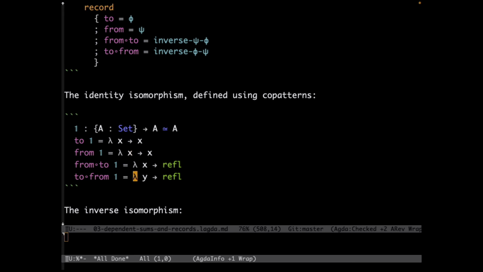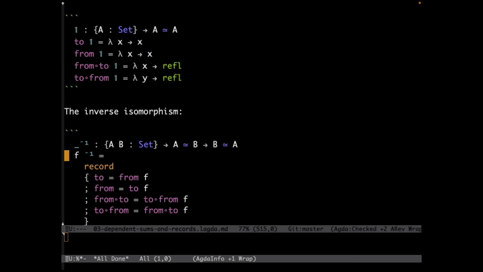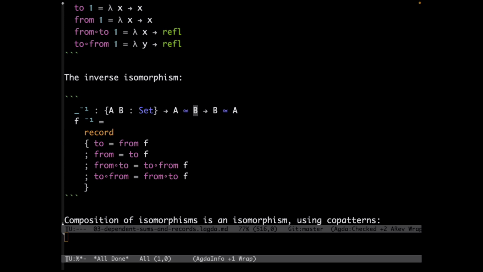The 2 identities are inverses of each other. Here's the inverse isomorphism. I'm not going to retype this one, but this is nice, very nicely symmetrical. If you want the inverse of f, where f is an isomorphism from A to B, then you just turn around everything. You swap from and to.